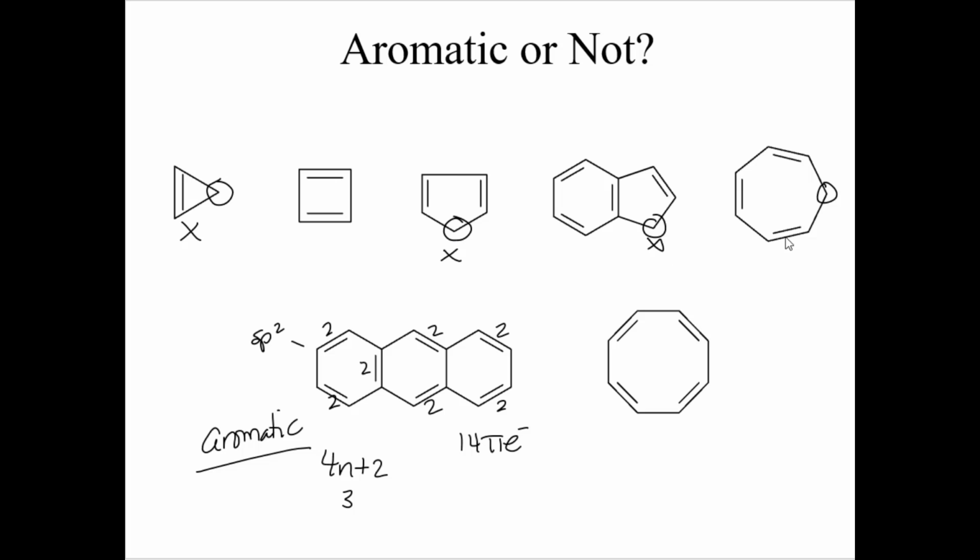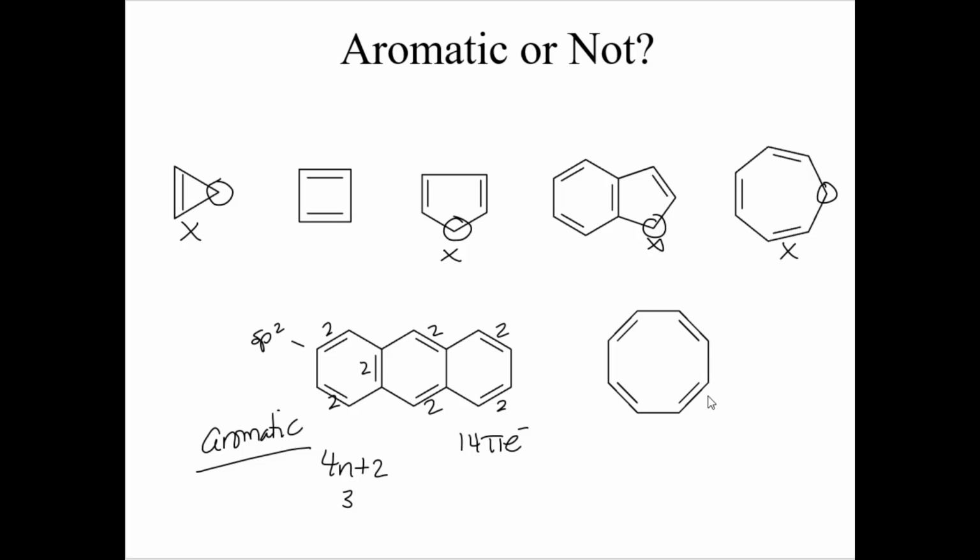Not sp2 hybridized, not aromatic. So none of those are aromatic because they all contain sp3 hybridized carbons in the ring. Let's deal with these two guys though. The stop sign shaped cyclooctatetraene and cyclobutadiene.